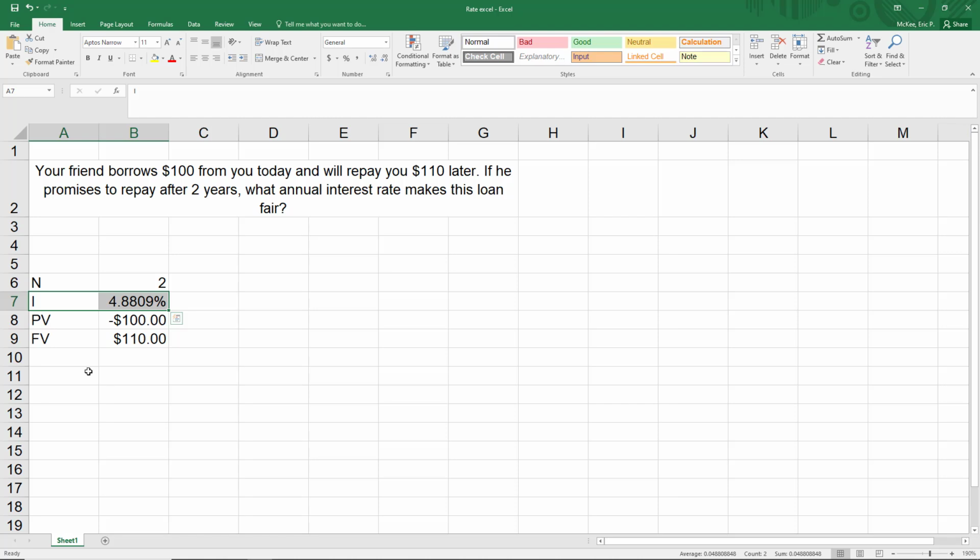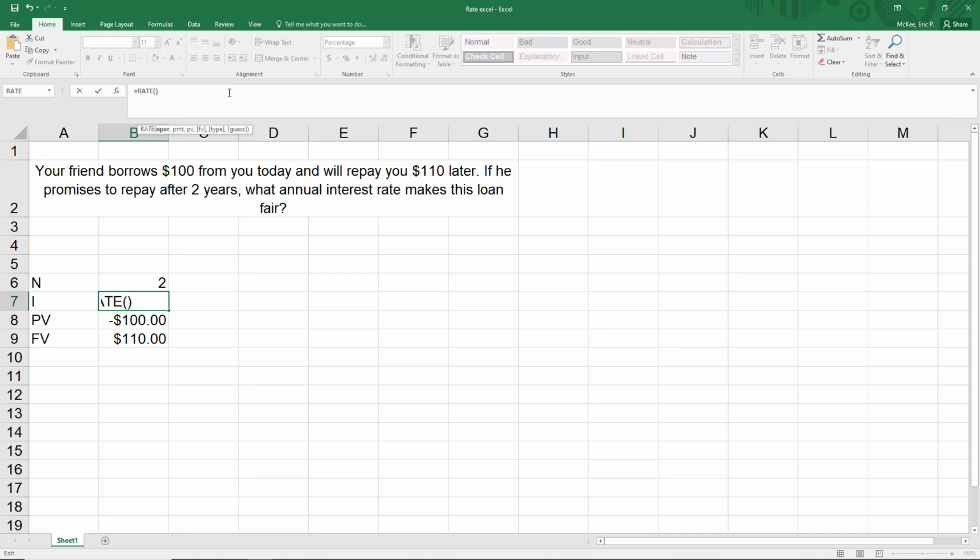Now, if we want to be a little fancier, use better Excel practices, and most importantly, be able to reuse the Excel file for future questions, we can use cell references. So instead of entering these things in directly, I will tell Excel what cell to reference for each parameter.